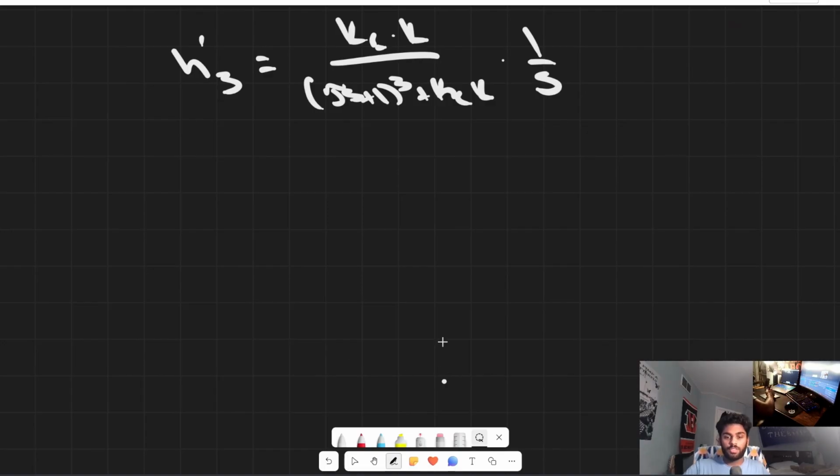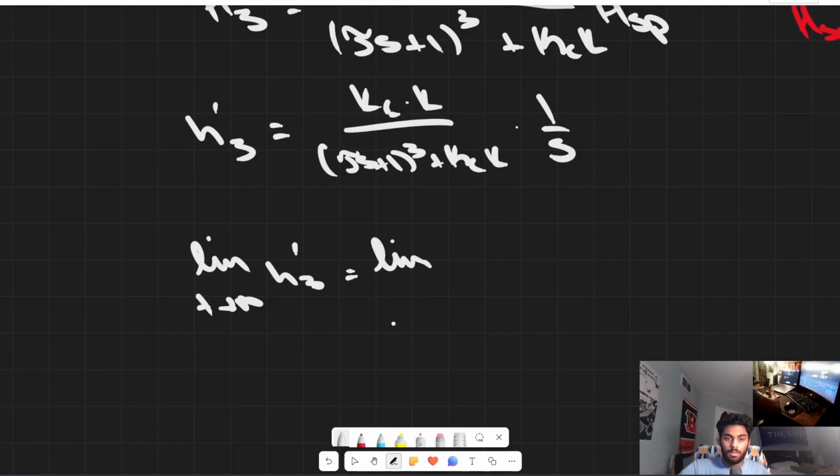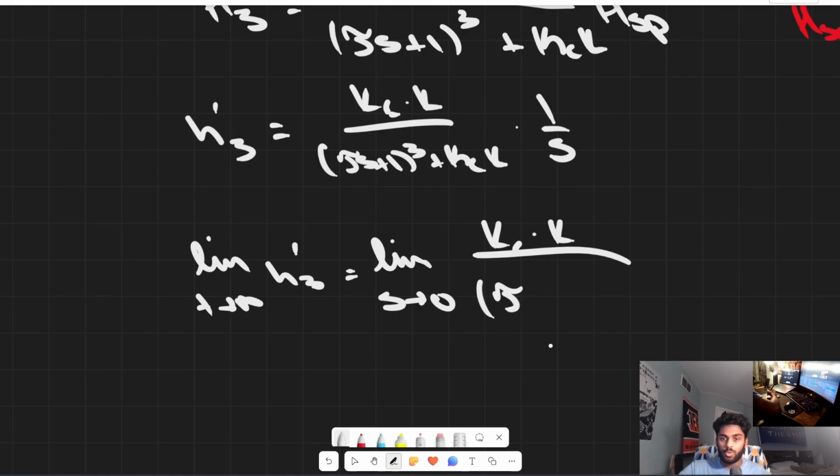So basically we are saying that if we want to find the limit as t approaches infinity of h3 prime, we need to find the limit as s approaches 0 of Kc times K, so basically this transfer function we've derived.